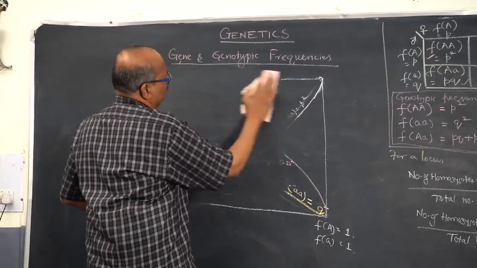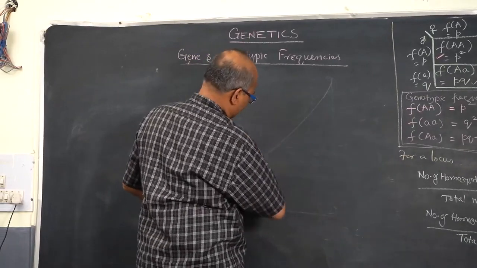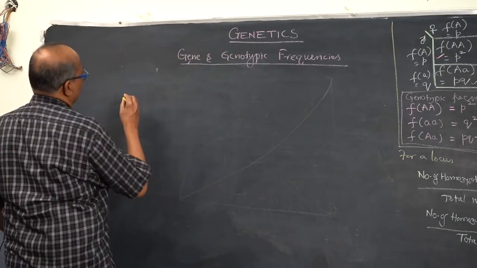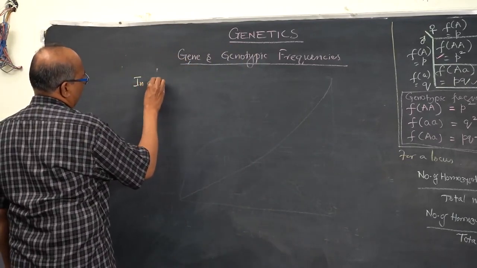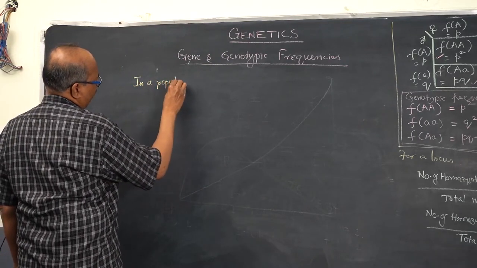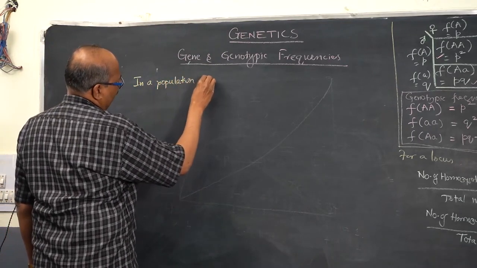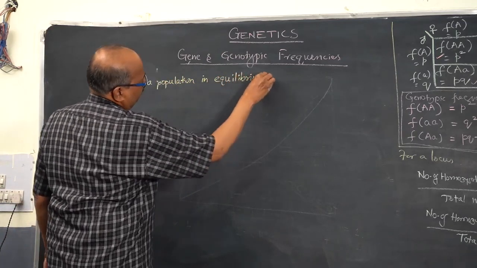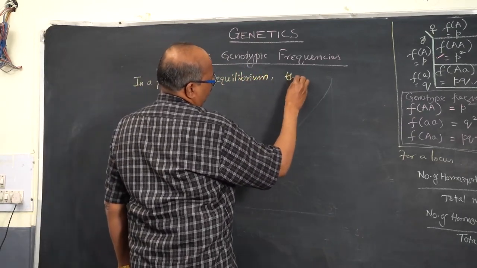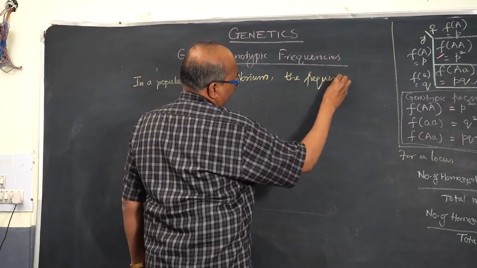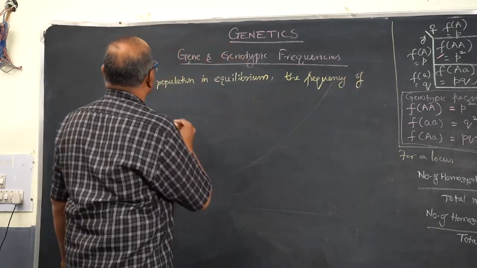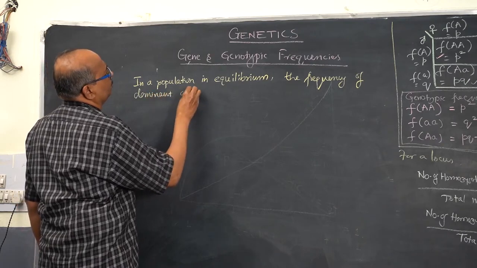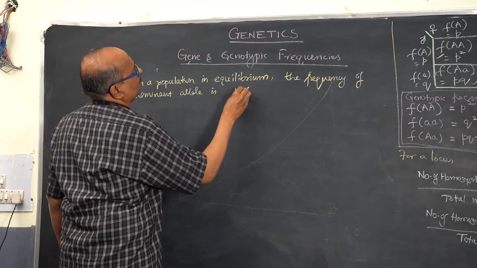So we'll see a simple problem to understand the whole concept. So let's say in a population in equilibrium, so we are giving the condition in the beginning itself, the frequency of dominant allele is 1%.